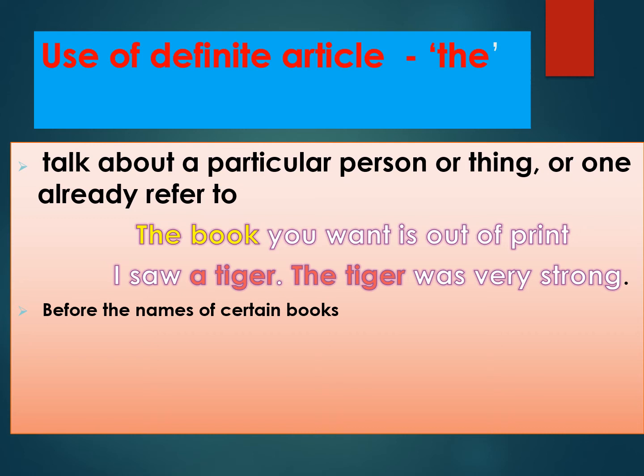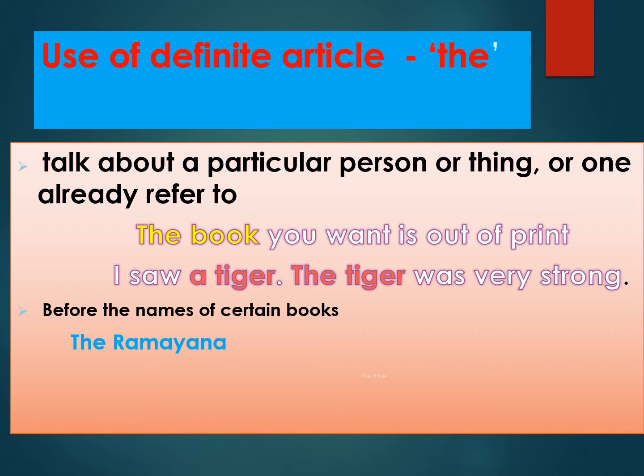The definite article the is used before the names of certain books. Let us see the examples. The Ramayana. So we can use the definite article before the book Ramayana.